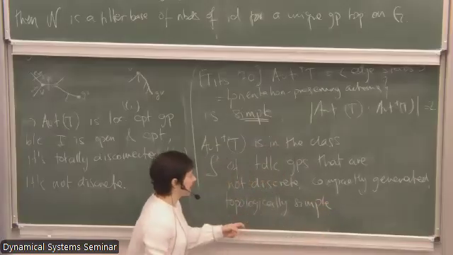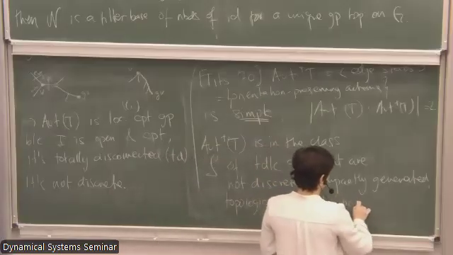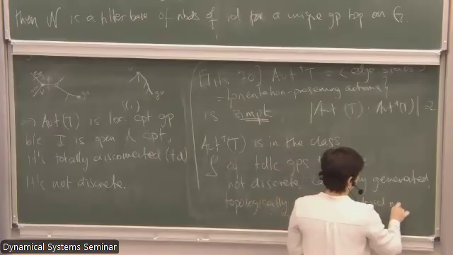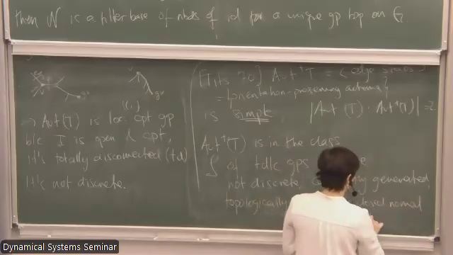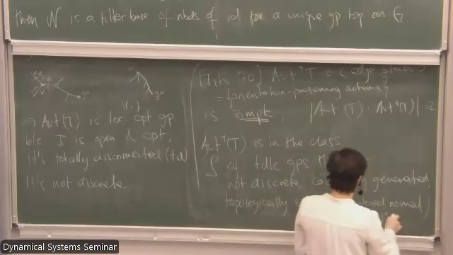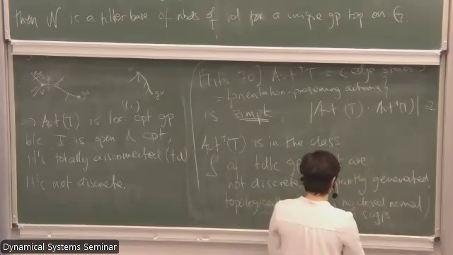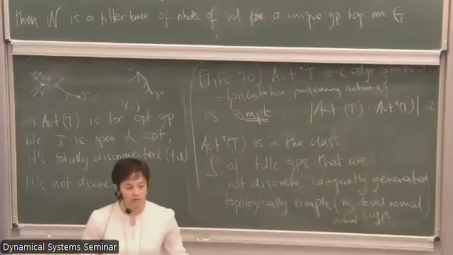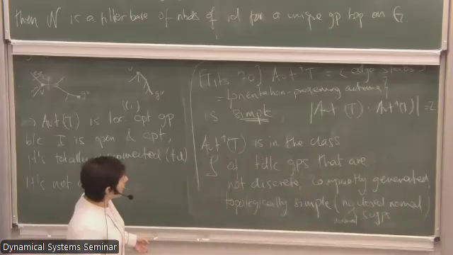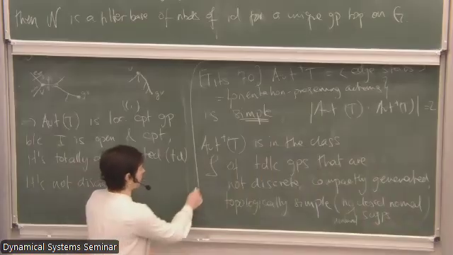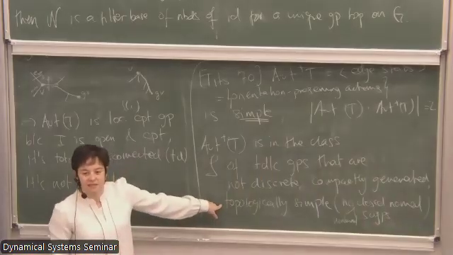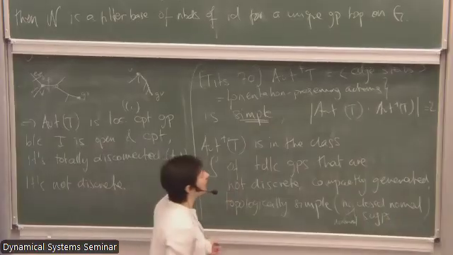And now topologically simple means no closed normal subgroups, no non-trivial, etc. Of course, being simple implies being topologically simple. Okay.